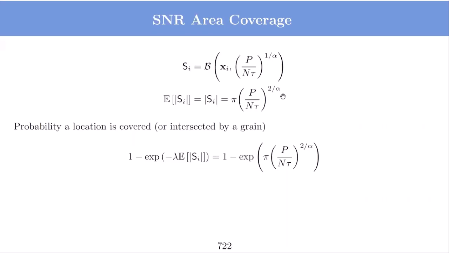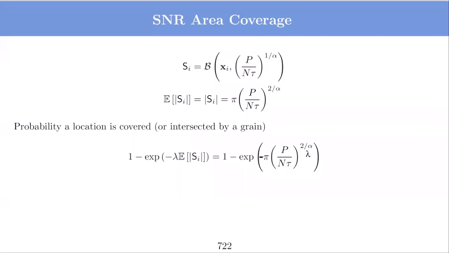The probability that a location, or the origin, is covered, in other words intersected by a grain, is equal to 1 minus exponential of minus lambda pi (P/(N tau)) to the power 2 by alpha. This gives you the probability that a point is covered.